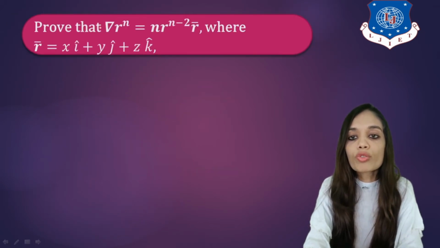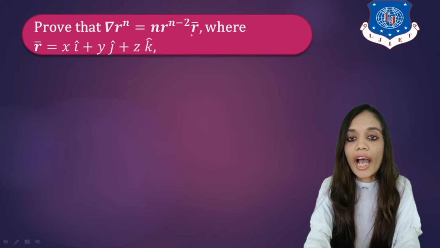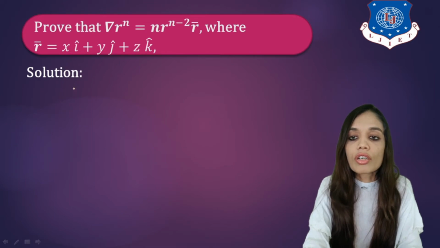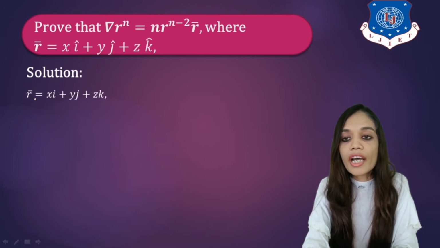Here we have to prove that del r raised to n or gradient of r raised to n is equal to n r raised to n minus 2 r bar, where r bar is equal to x i cap plus y j cap plus z k cap. So let us find its solution. So here we are given r bar is equal to x i cap plus y j cap plus z k cap, right?